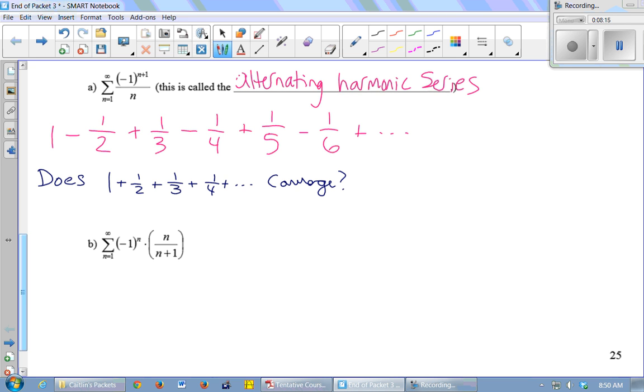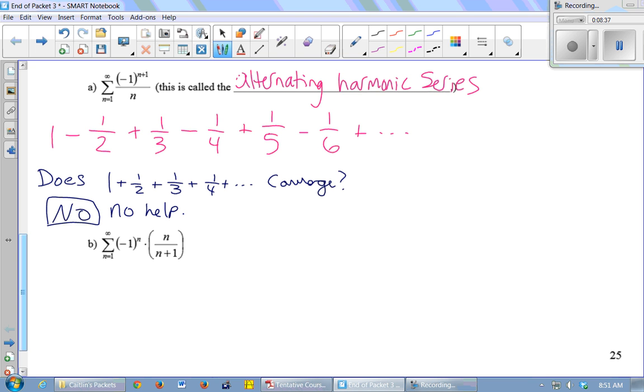Anybody remember? No. So that first test doesn't help us. That test just says that if that does converge, we would know this converges. This doesn't converge, so it doesn't tell us anything. No help with that test.